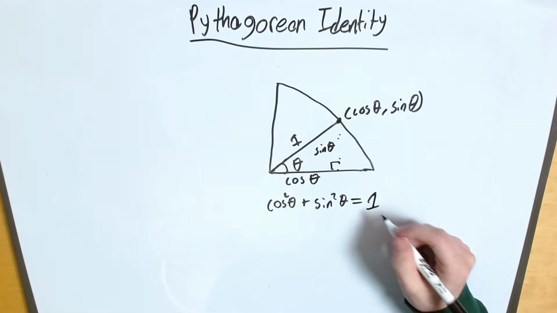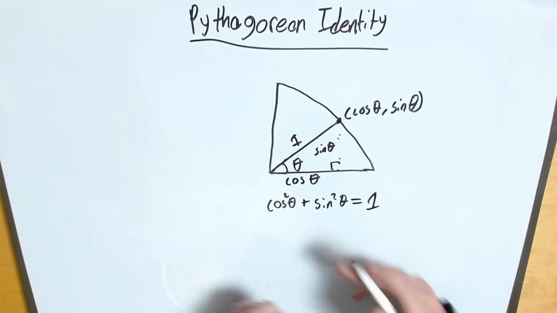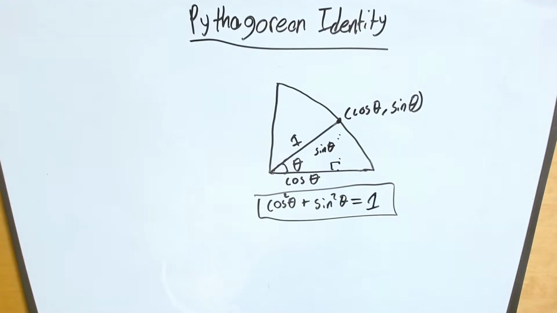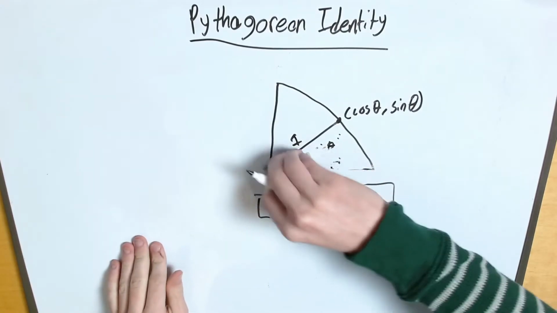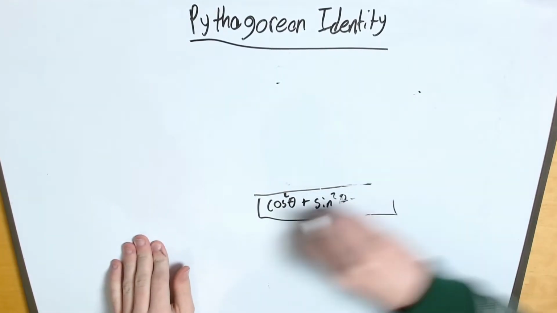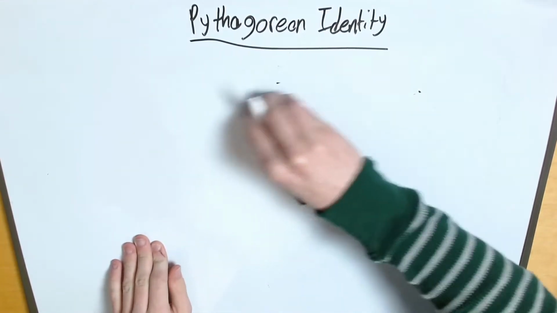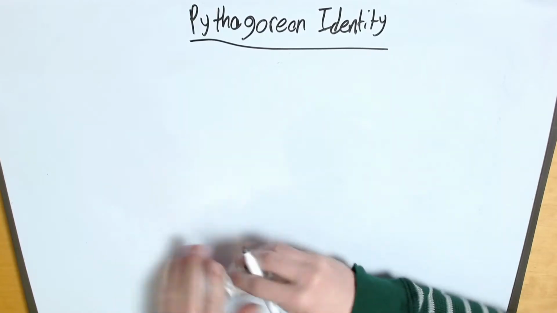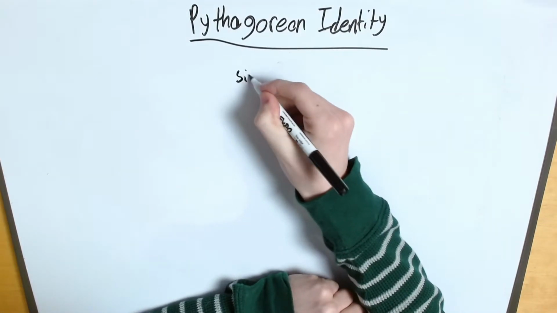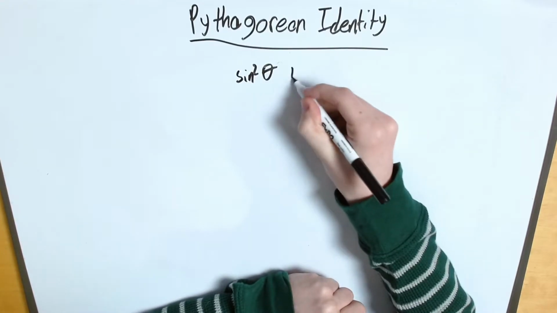On the surface, this might look pretty trivial, but this is actually an incredibly useful identity that can really come in handy for a variety of types of problems. For example, let's say that I'm given any sort of trigonometric property, especially if it's in the form of a sine or a cosine.